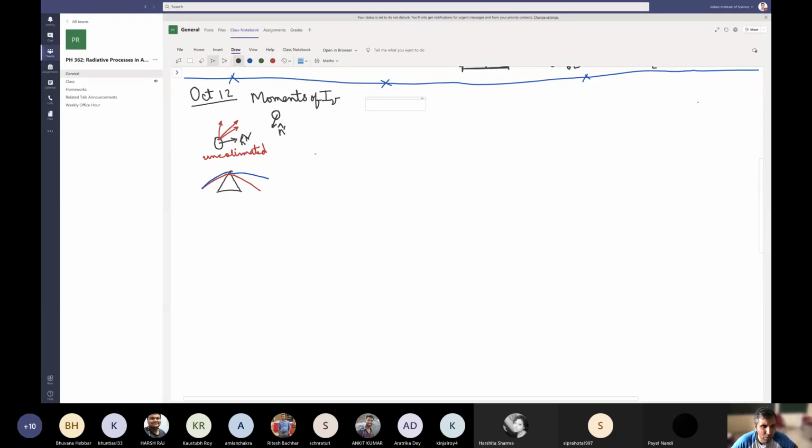So what is meant by uncollimated beam? For example, how is it produced? If you look at the photons coming from the sun, so if this is the sun, every point on the surface of the sun emits photons in all directions.